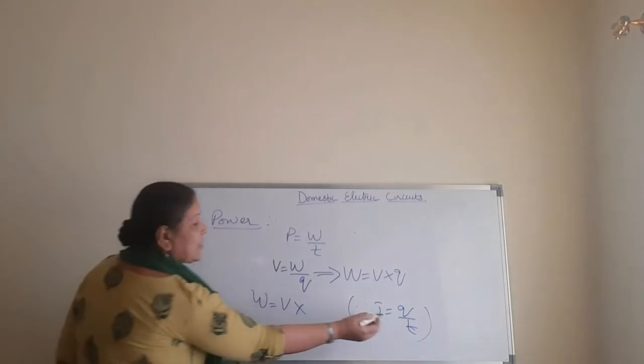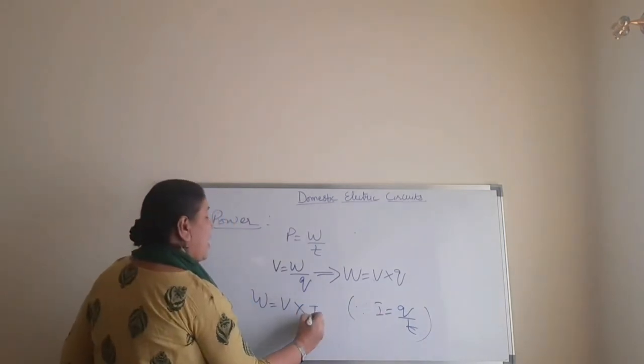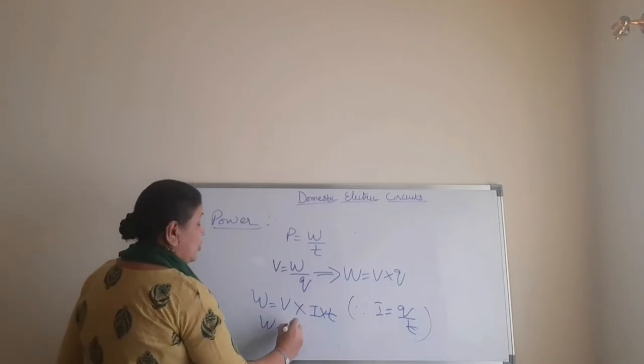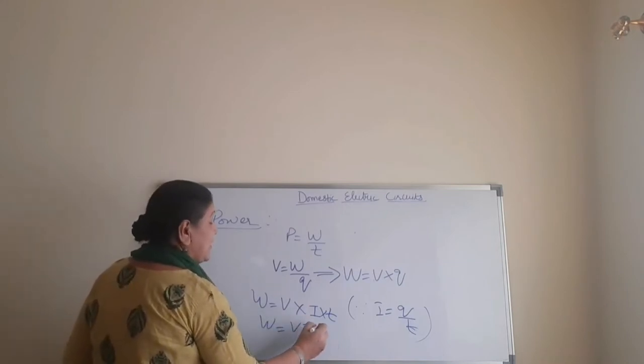So instead of Q here, I can write IT. So W is equal to VIT.